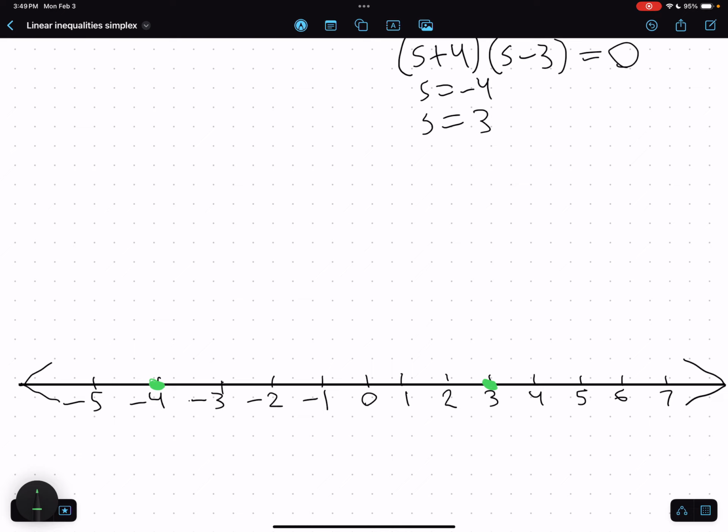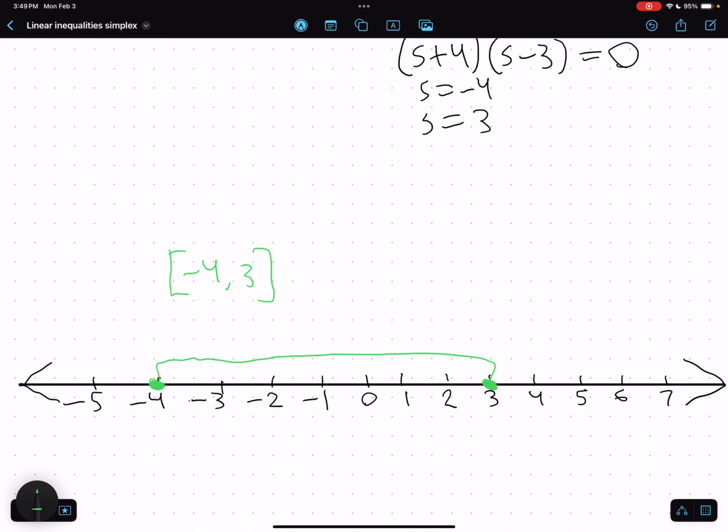So we could stop right here. We could finish the problem and write our solutions in interval notation without doing anything else because we can see our solution set. Our range on the number line is right here. And if we were to attempt to write this down in interval notation, we'd want to write using square brackets [-4, 3], because we're including the points negative 4 and 3.